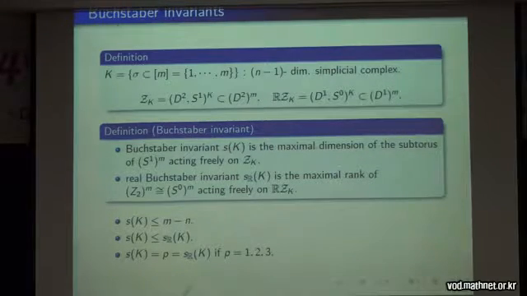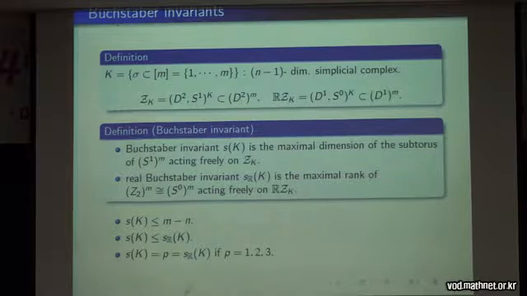K is an abstract simplicial complex, as many speakers mentioned. ZK is the moment angle complex, and RZK is the real moment angle complex.